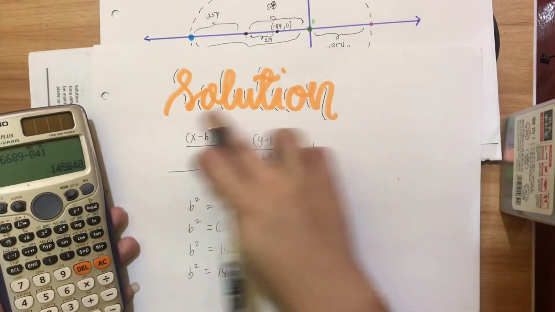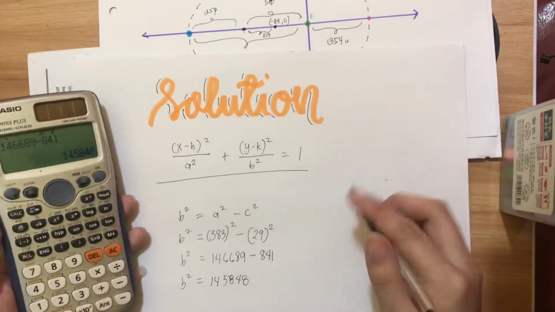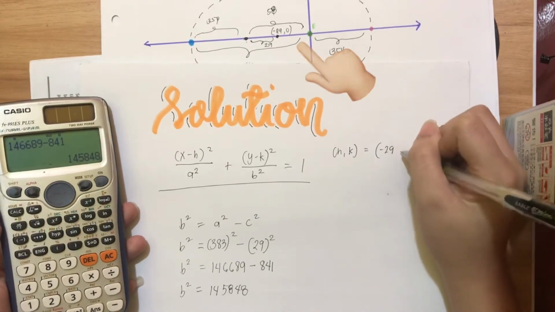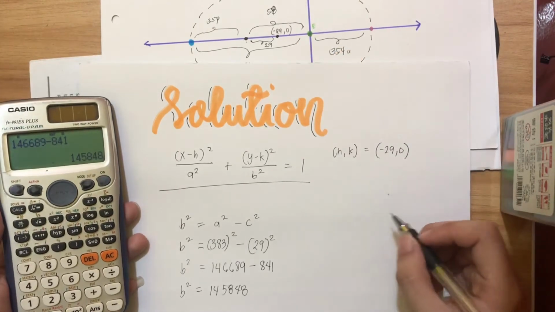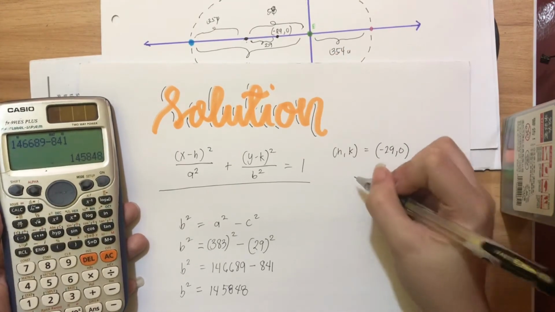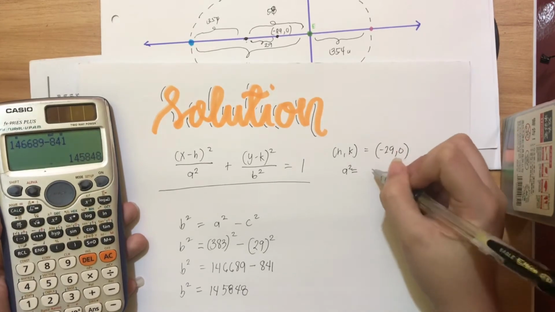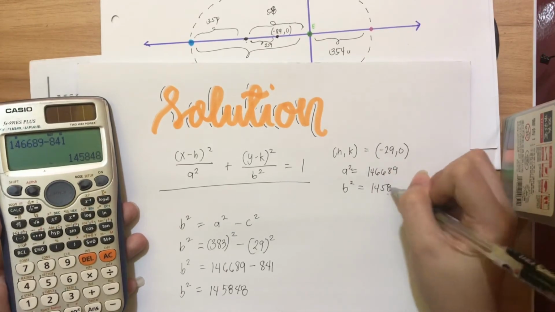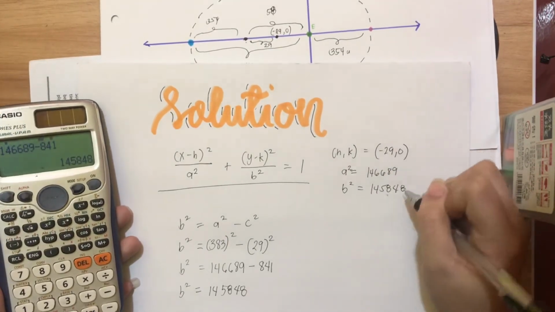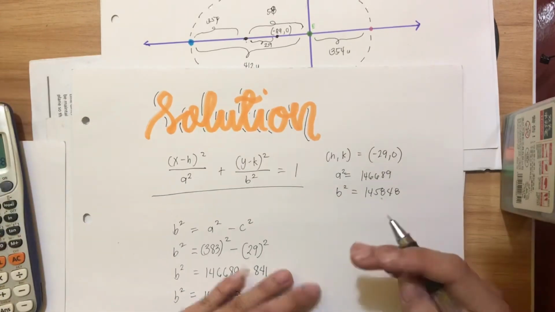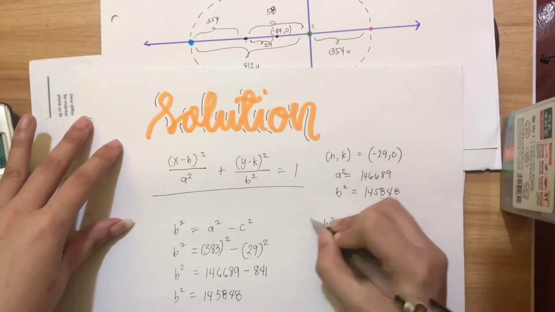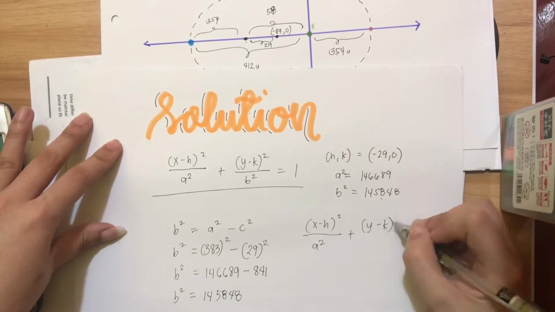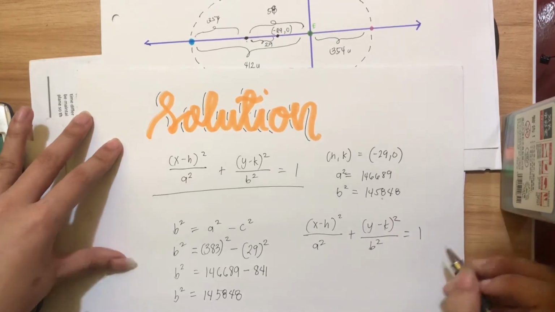We can now substitute all the givens to the standard equation. The coordinates h, k are equal to negative 29, 0. a squared is equal to 146,689. b squared is equal to 145,848. So, x minus h quantity squared over a squared plus y minus k quantity squared over b squared is equal to 1.